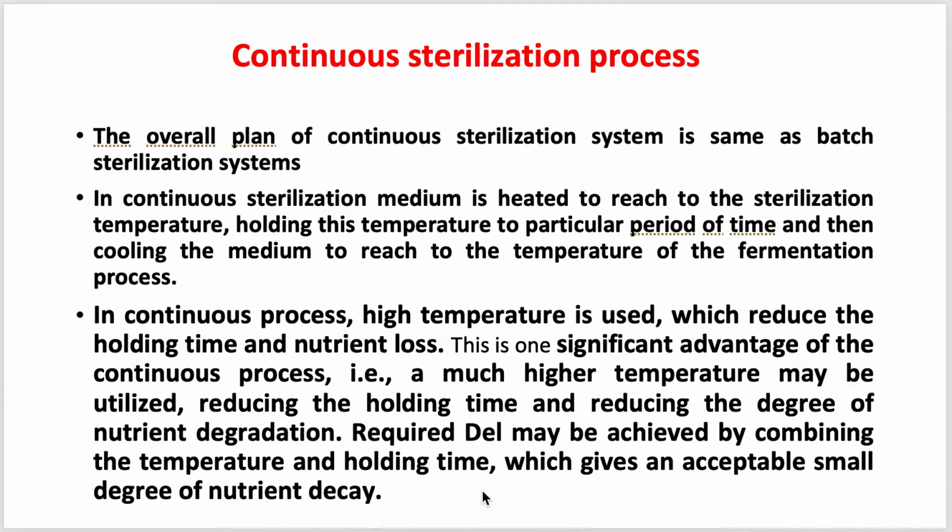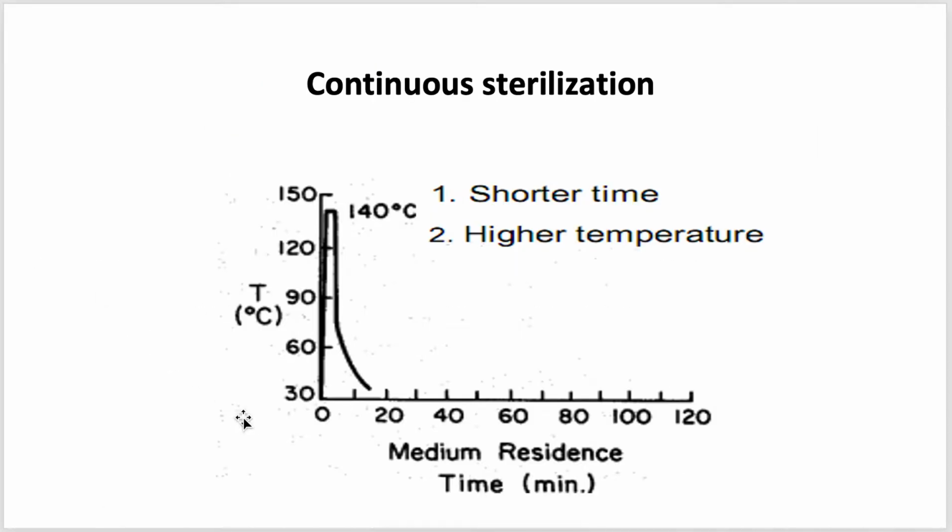Just like the batch sterilization system, the required del factor may be achieved by combining the del factor of the heating, holding, and cooling steps. If we graphically see the continuous sterilization process, it looks like this. For example, on the x-axis you put time t, and on the y-axis temperature.